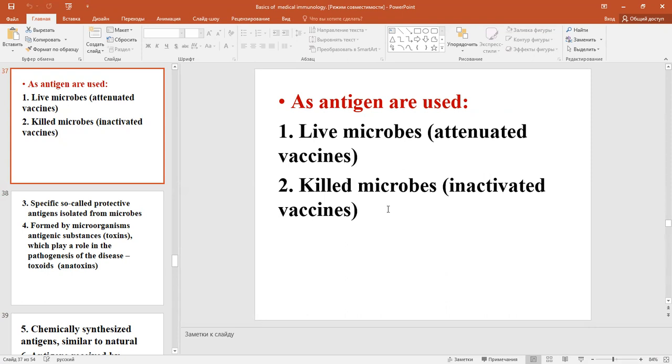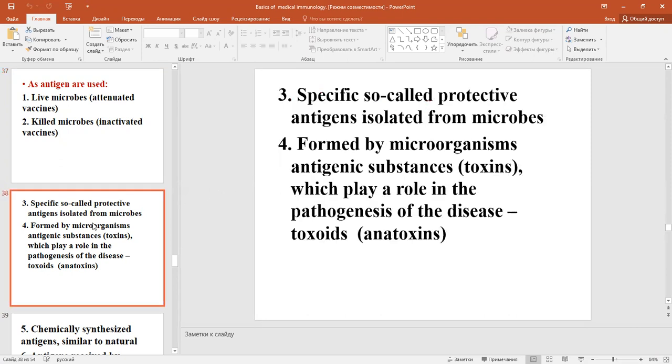And to avoid harmful effects, now vaccines are prepared just from some particles of microbes, so-called protective antigens, isolated from microbes. Because, unfortunately, sometimes side effects and complications develop after vaccination. It's not good, of course. And so the new generation of vaccines consists of just specific protective antigens.